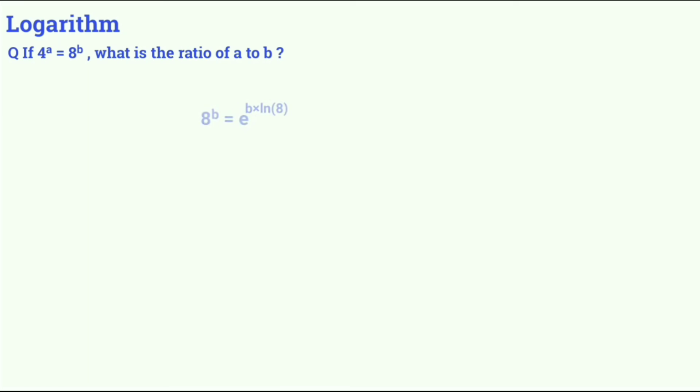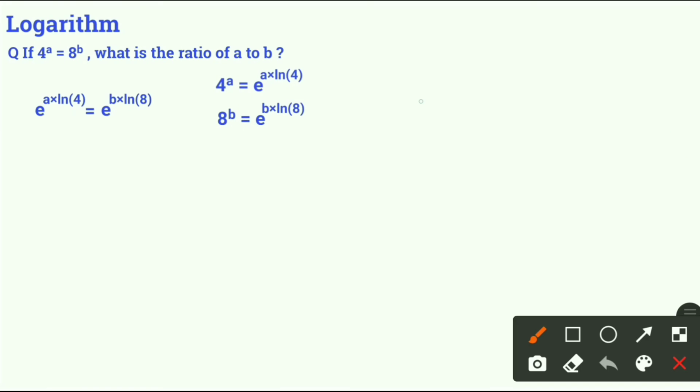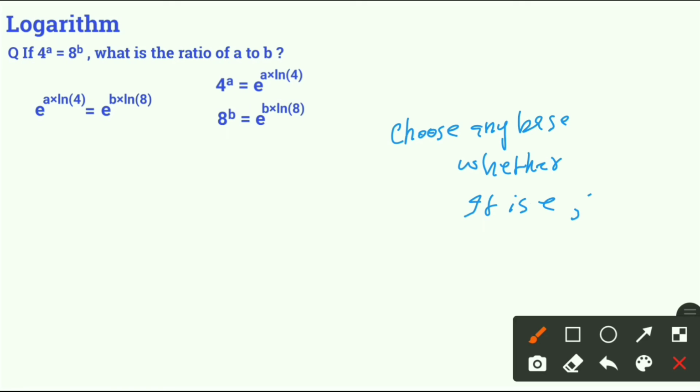If 4 to the power a is equal to 8 to the power b, what is the ratio of a to b? To understand this, guys, you can choose any base, whether it is e, 2, or 10. You can convert one number to another using any base.